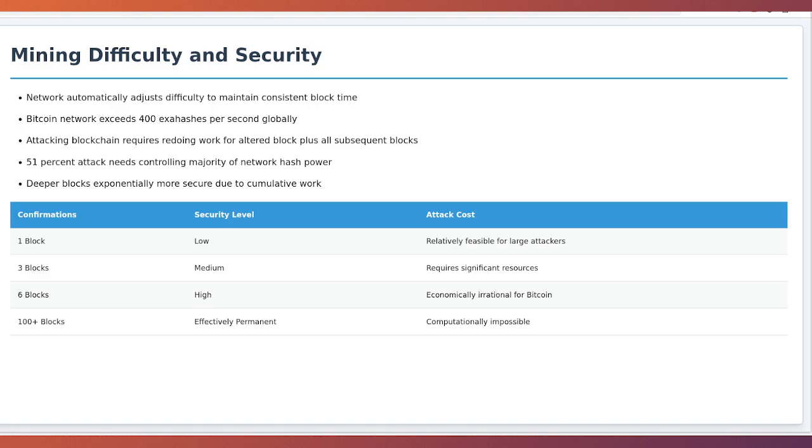The security comes from the sheer scale of honest mining power. This is why proof of work is sometimes called one CPU, one vote. The more computational power you contribute, the more say you have in the consensus, and economic incentives align participants towards honest behavior.